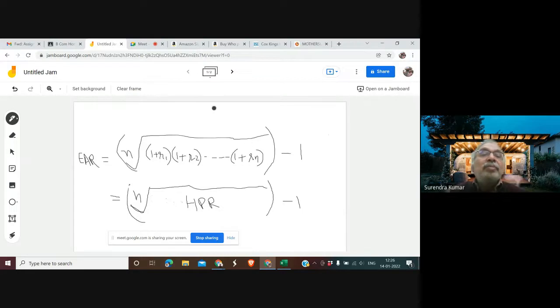Minus 1. Right. So that's how we are calculating in all the three cases.